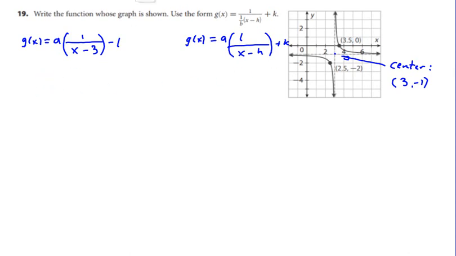So I'm going to rewrite this as g of x equals 1/2 times quantity 1 over x minus 3, minus 1. And that's really all there is to it.